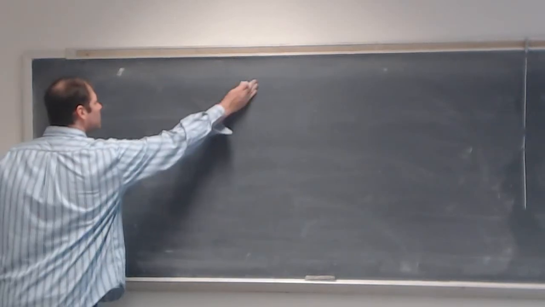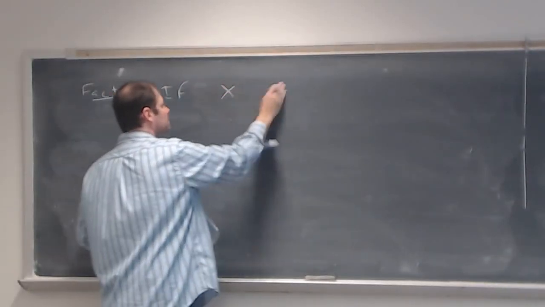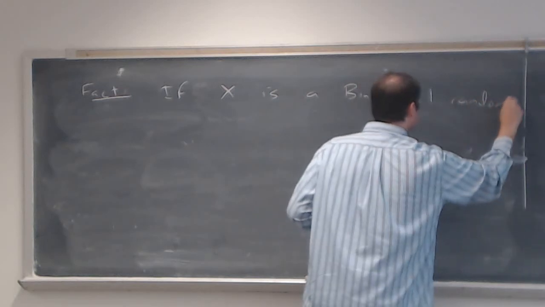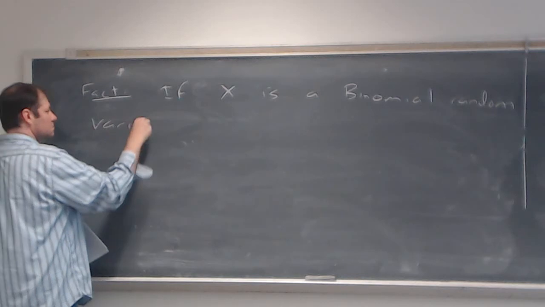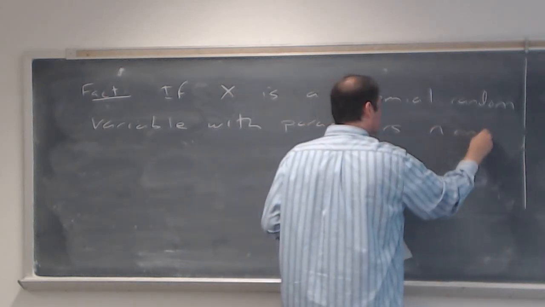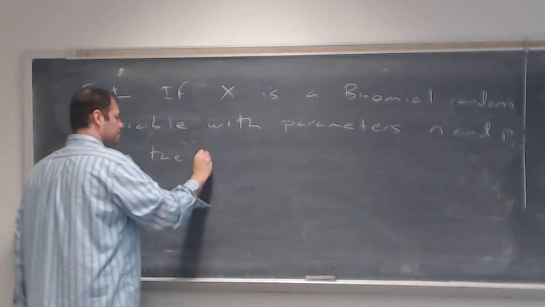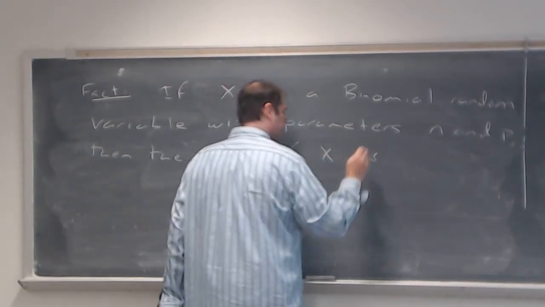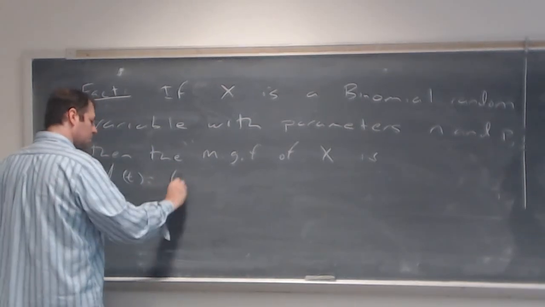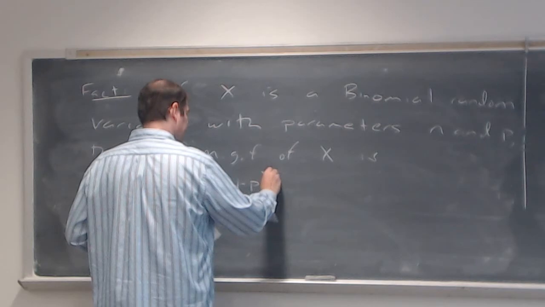So, as a fact, if x is a binomial random variable with parameters n and p, then the moment generating function of x is phi sub x of t equal to, I think it's p times e raised to t plus 1 minus p, all that raised to the n.